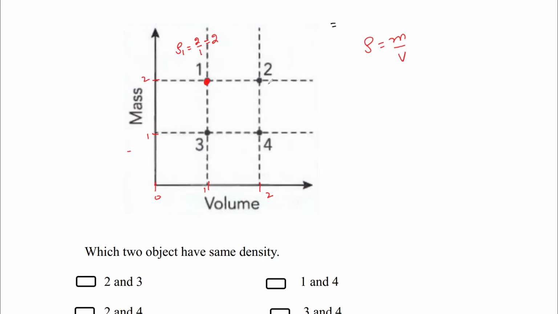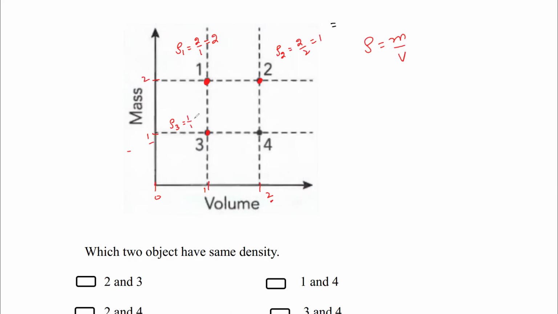Okay. So now we take the density of point 2, rho 2. So the mass is 2, but here the volume is also 2. So density is 1. Okay. Now we take the density at point 3. Here the mass is 1 and volume is also 1.